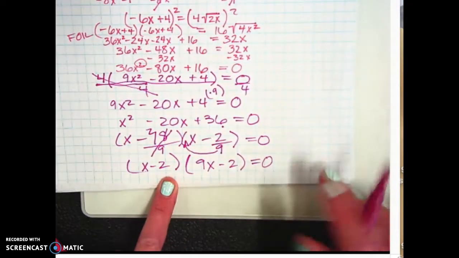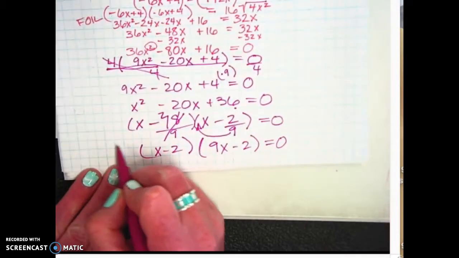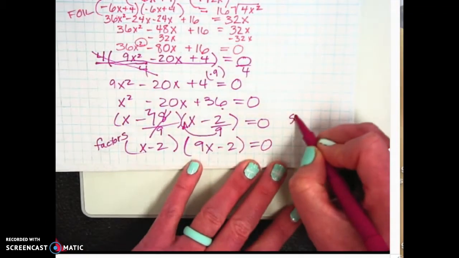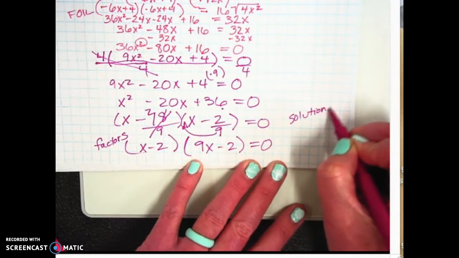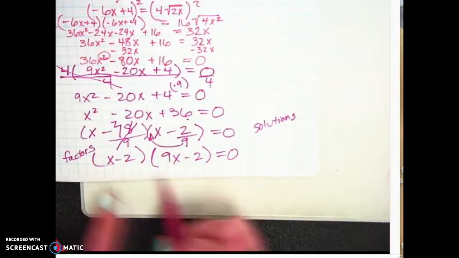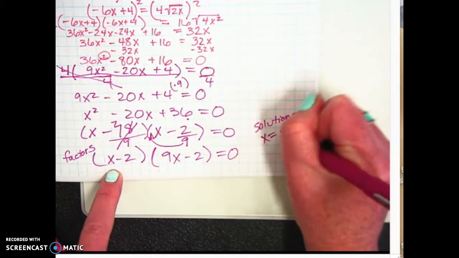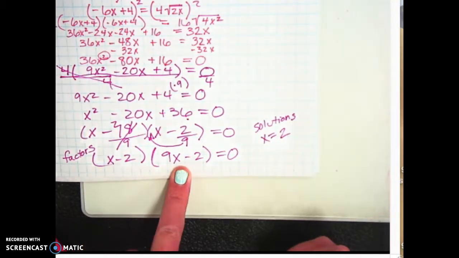And then we just need our solutions. So right here, remember, these are our factors. Our solutions, running out of room, are going to be the opposite. This one's easy, right? What's this one? 2. So x is equal to 2. And then this one is going to be a what?